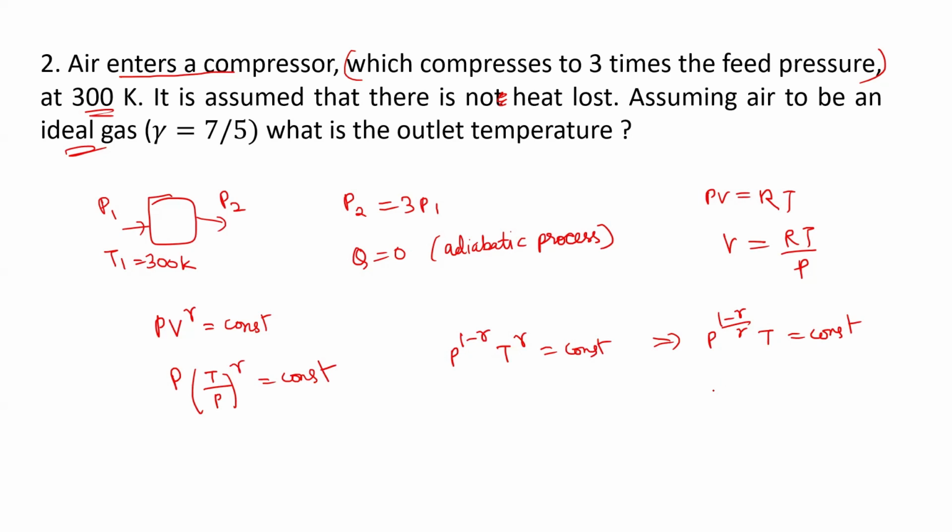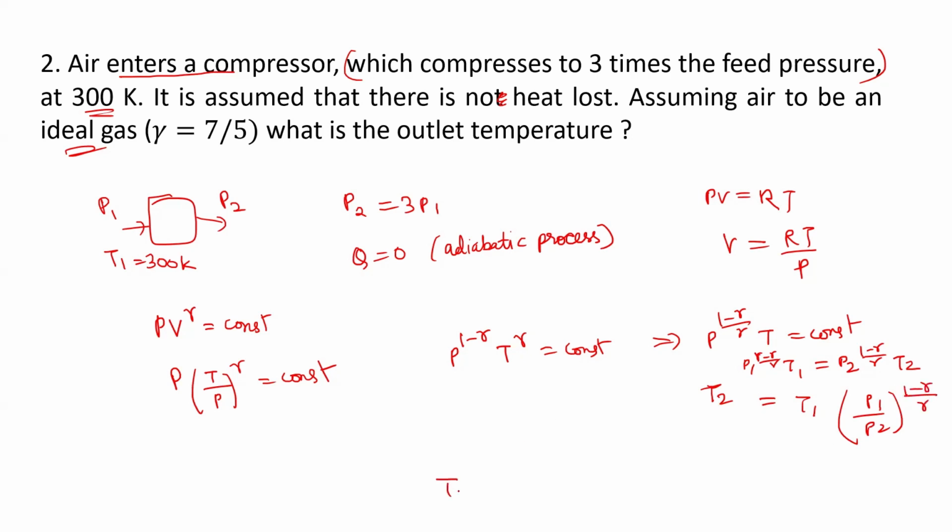So if I take T2, here P1^((1 minus gamma)/gamma) T1 is equal to P2^((1 minus gamma)/gamma) T2. So T2 is given by T1 into (P1 by P2)^((1 minus gamma)/gamma).